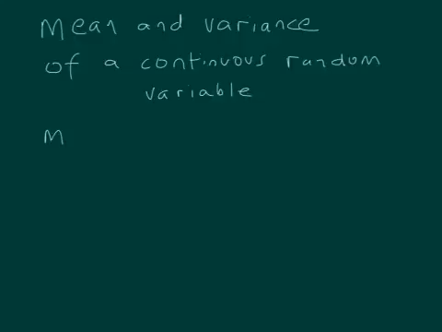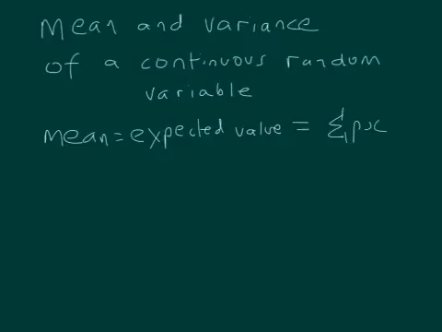Now the mean is the expected value, and the expected value we saw in S1 for discrete data is sigma px, where p is the probability of x occurring.